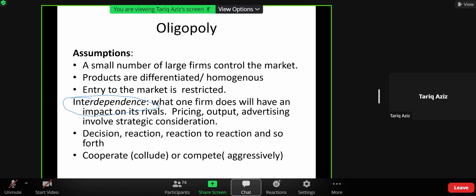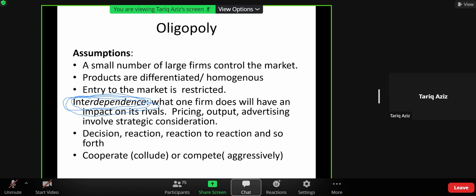It's not that somebody else's action will not impact our business. If we take some decision, it will impact the other players in that industry. If others are taking business decisions regarding pricing, promotion, product, or expansion of their business, all these decisions impact the performance of other players in the industry. So this is called interdependence.